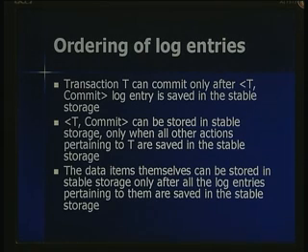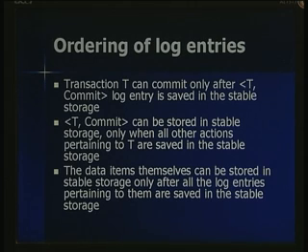Only after writing the entries relating to the logs, you should write the data items themselves onto the stable storage. These steps are very important, because if you perform them in any other order, you will have problems in terms of recovering back.